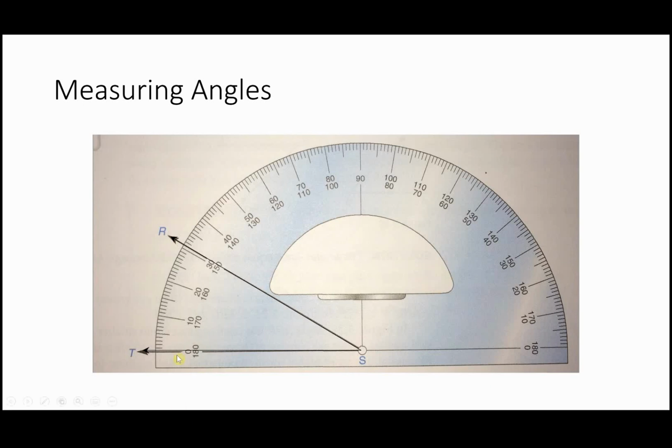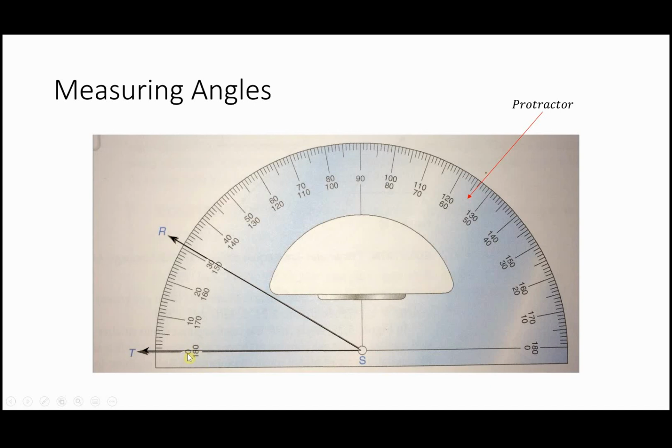Well, notice that there are two different numbers, right? And this is a protractor, yes. Okay, in case they didn't make that abundantly clear. So notice at the base of the angle, the ray that's horizontal is often referred to as the base ray. It's lined up with either the 0 or the 180, depending on how you're reading this.